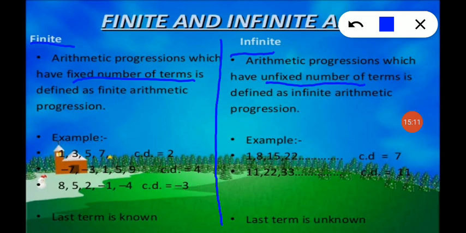Now, what are the examples of finite AP? Let us write a few examples: 1, 3, 5, 7. The common difference is 2, and after that we have a full stop. The full stop shows that the AP ends here only. So it is finite.